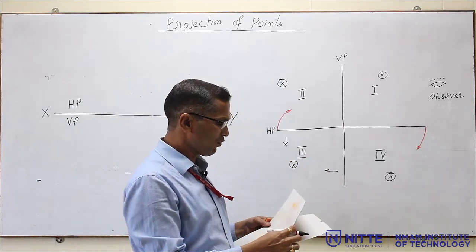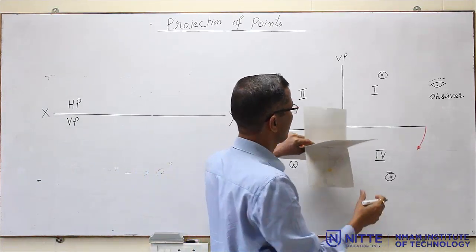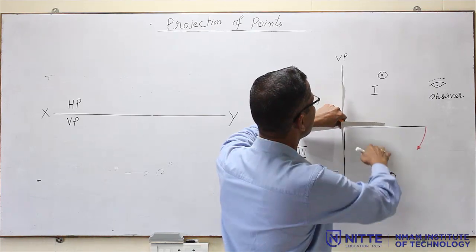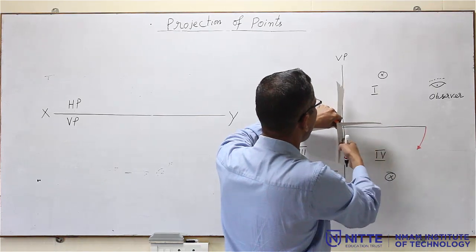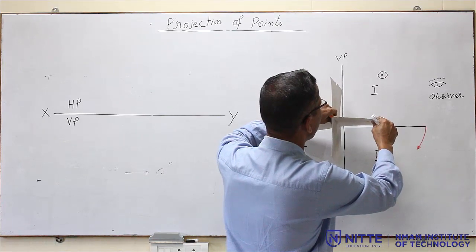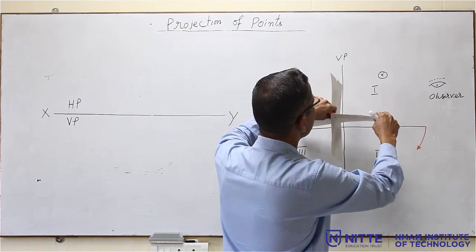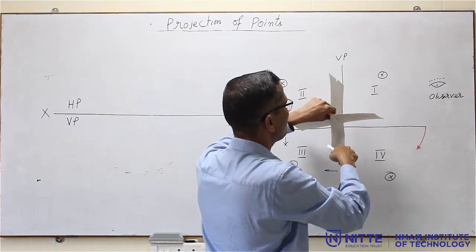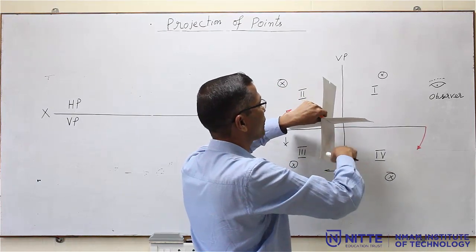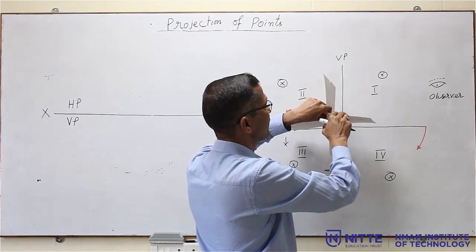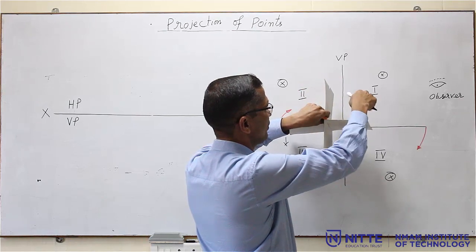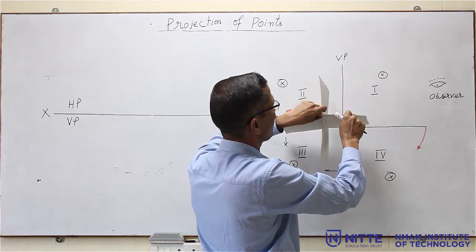So, when the point is in the fourth quadrant, it is below HP and in front of VP. So, I am going to rotate the HP. Just concentrate only on these two planes, that is, the fourth quadrant is here. I am going to rotate like this. Forget about the other three quadrants, only concentrate on the fourth quadrant.